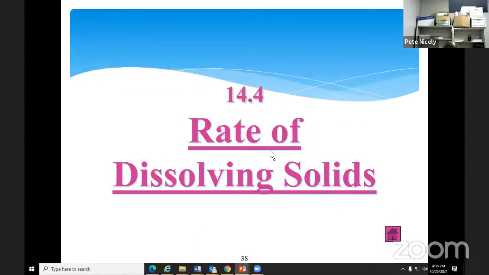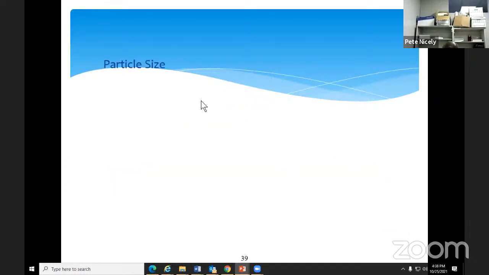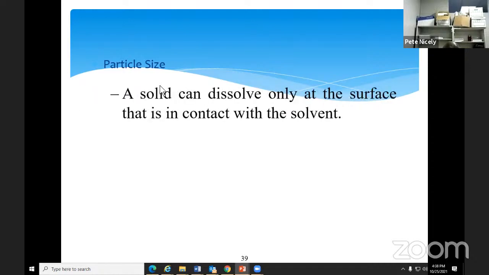Let's talk about the rate of solids dissolving in a solvent. The dissolution of a solute in a solvent depends on the particle size. When you have a solid in contact with a solvent, the dissolution is initiated at the surface that is in contact with the solvent.